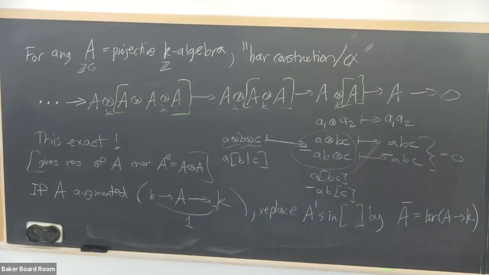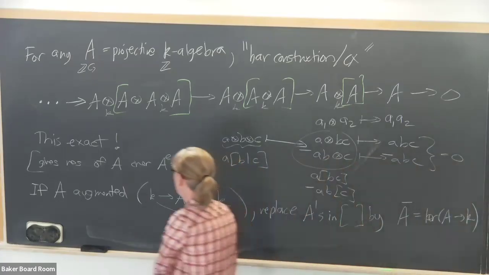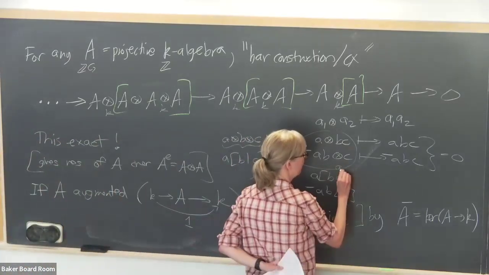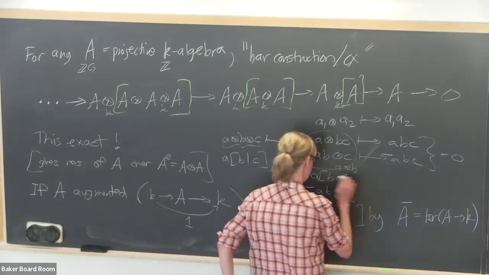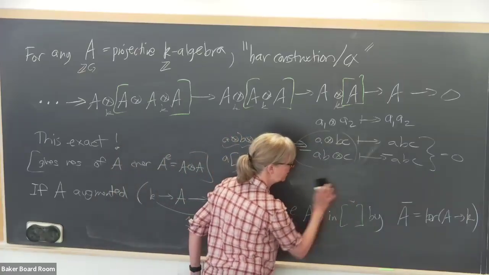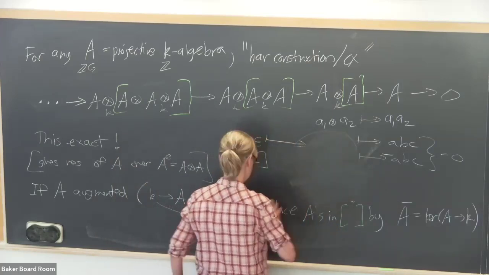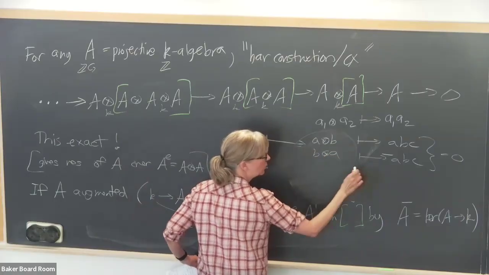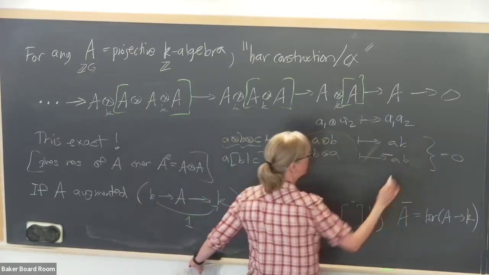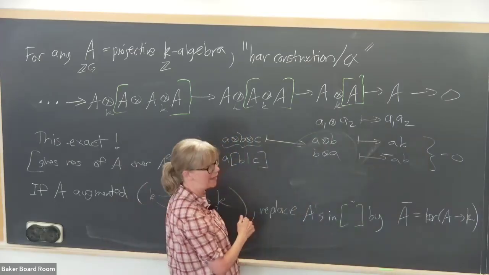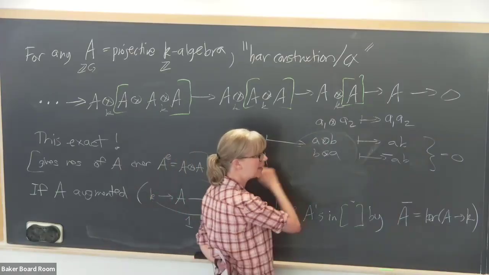Yes. If the algebra happens to be commutative, yes. A tensor B, very good question. So his question is, what about A tensor B and B tensor A, which go to the same thing? Let's say it's commutative. Oh, well, I didn't say A was commutative. That's true. Okay, let's say A is commutative.